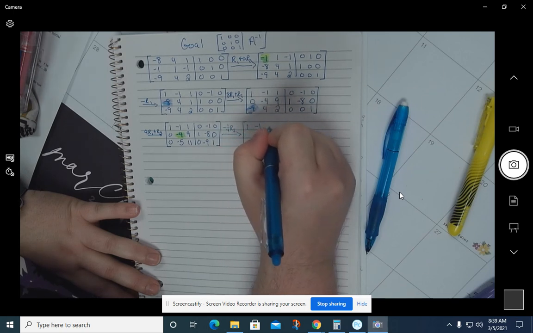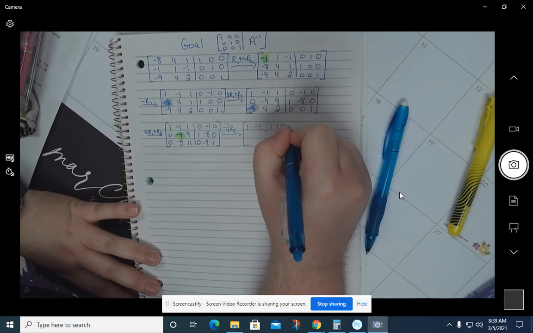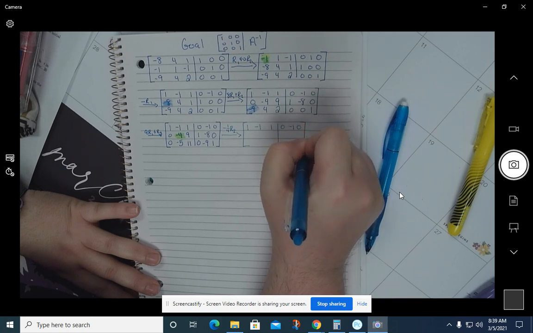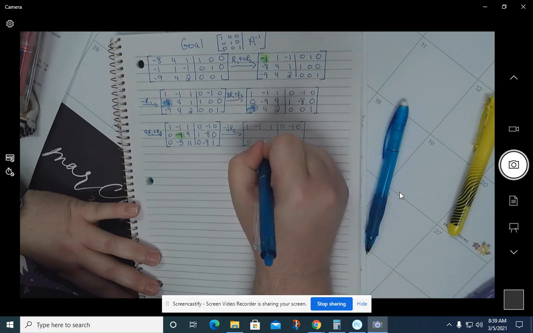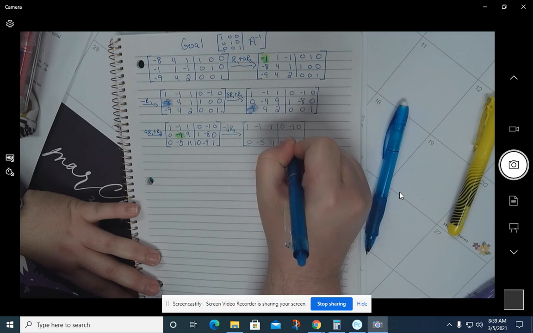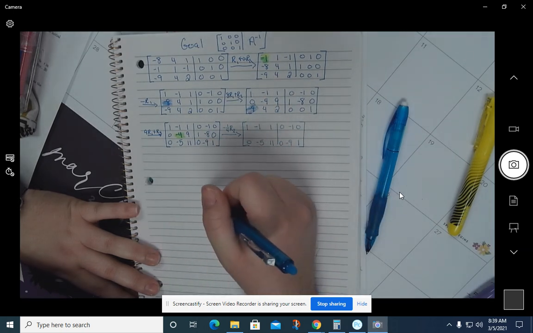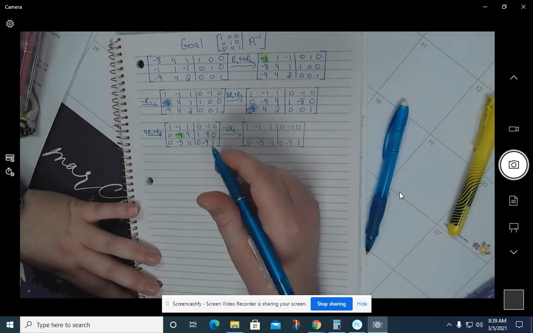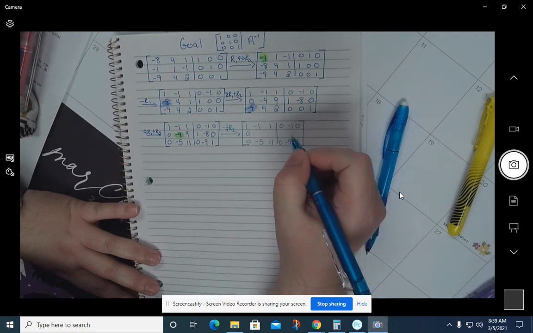Rows 1 and 3 stay the same, and everything in row 2 gets multiplied by negative 1/4. That gives me 0.